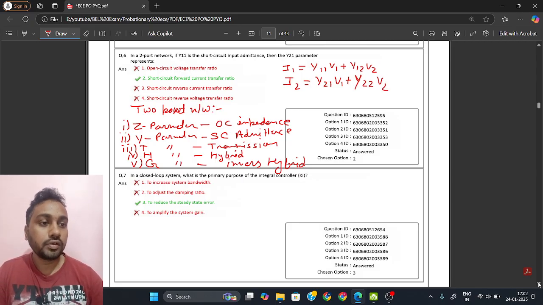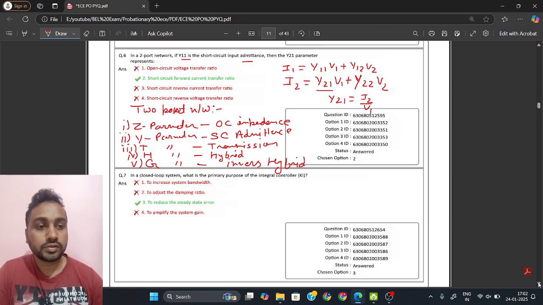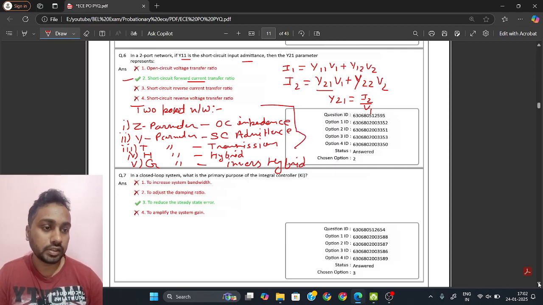Here, Y11 is the short circuit input admittance. And they are asking about Y21. Y21 is I2 by V1, so it is the short circuit forward current transfer ratio. Option 2 will be your answer. Just remember these points for your next exam.